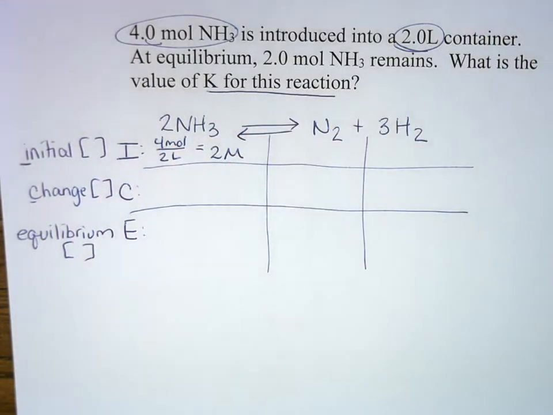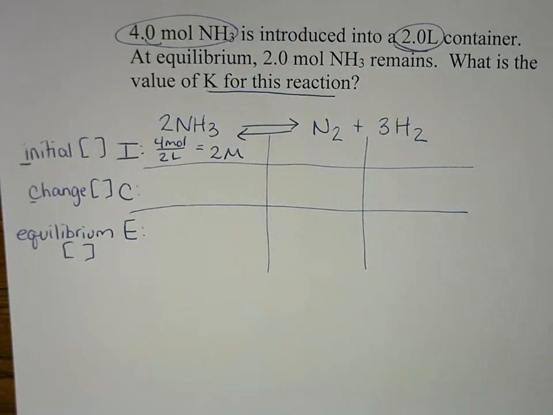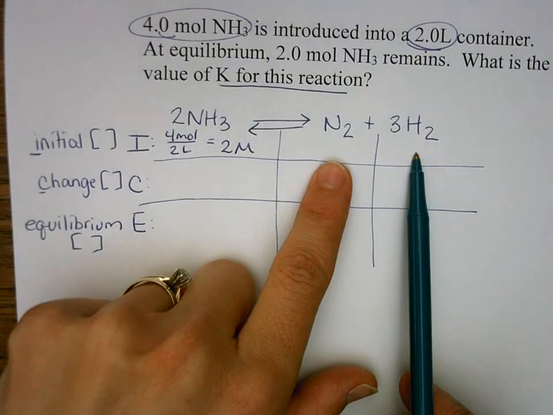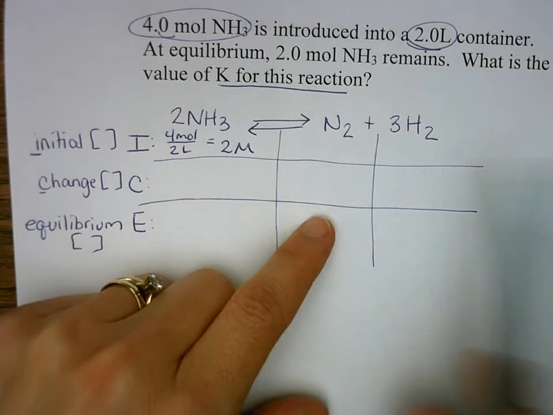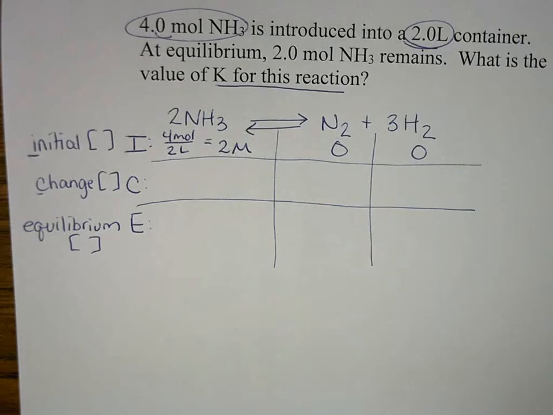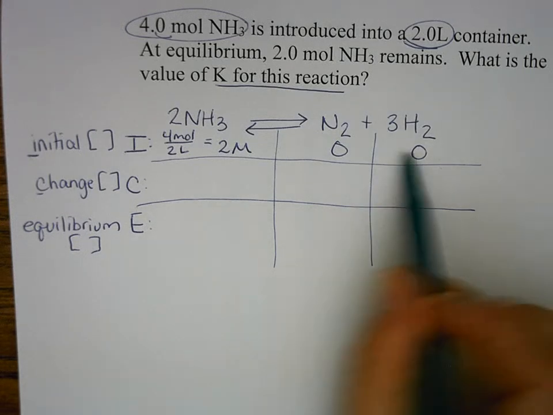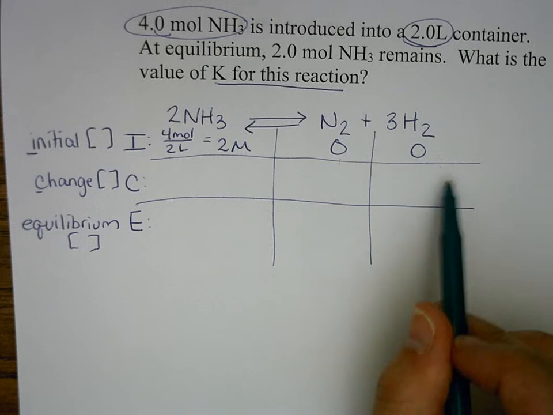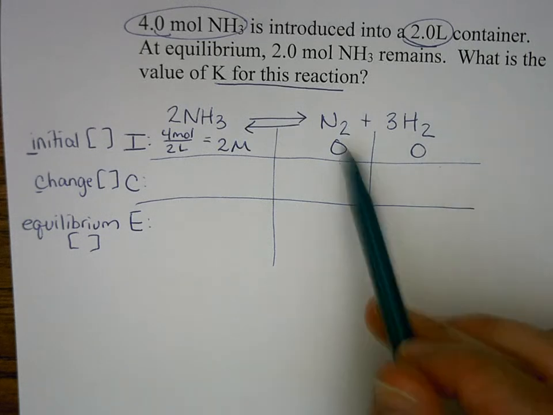That's my initial concentration of NH3. Before the reaction is allowed to proceed at all, what should my concentration of N2 and H2 be? 0. This is usually going to be the setup with zeros over on the product side, unless they specifically tell you that you start with concentrations of something over here.